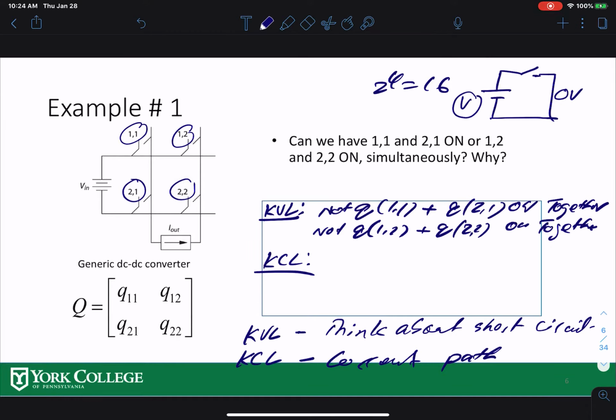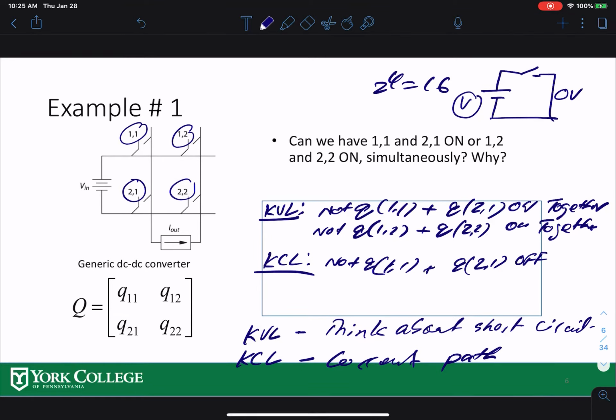Then for not violating KCL, not Q11 plus Q21 off together.